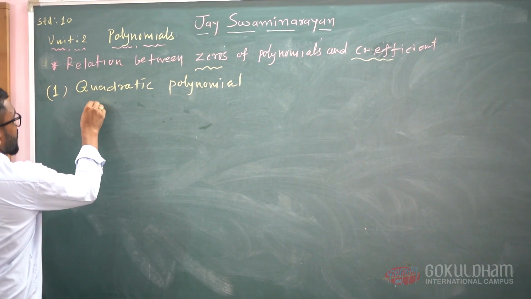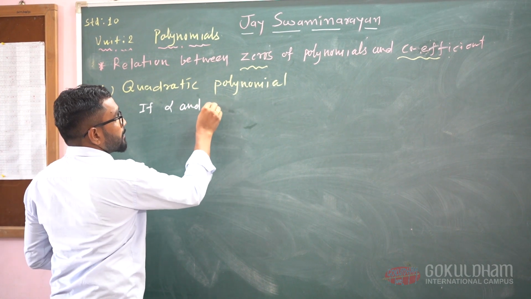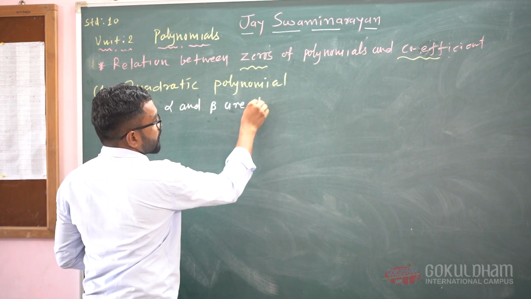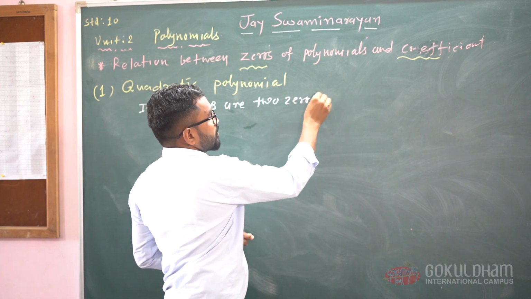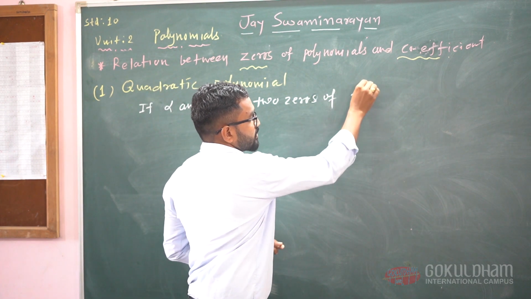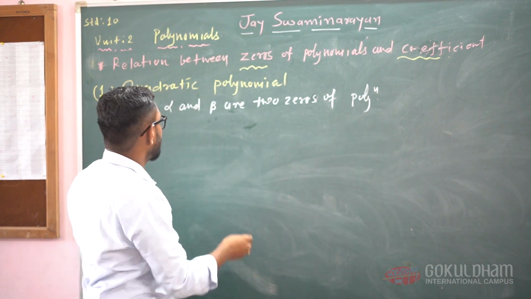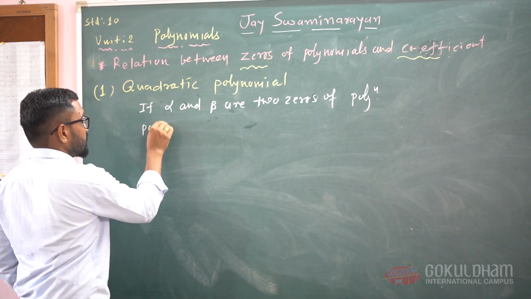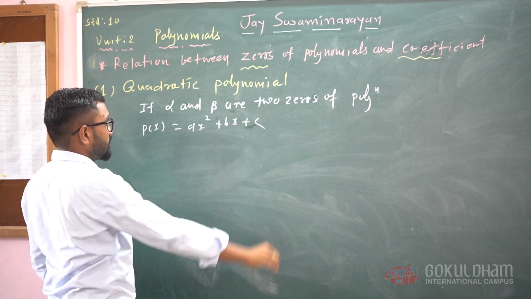If alpha and beta are two zeros of the polynomial p of x, ax square plus bx plus c.